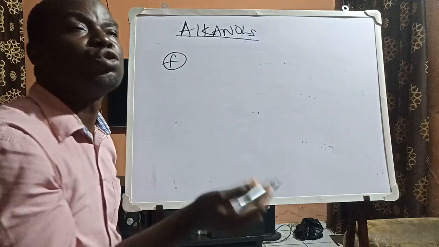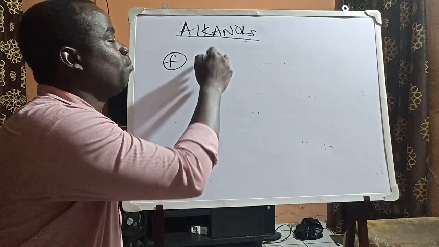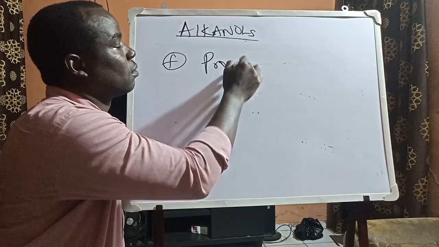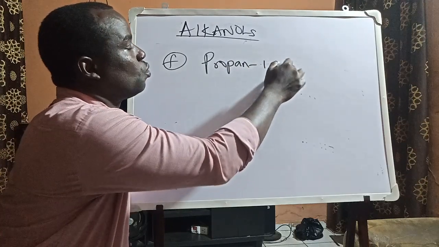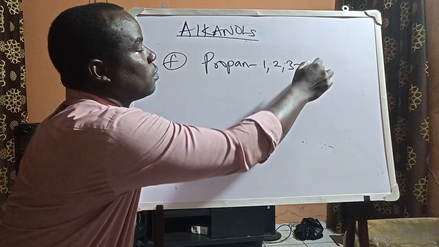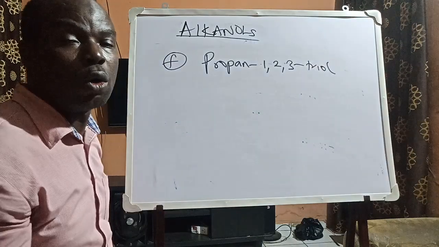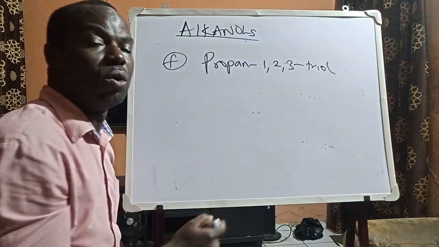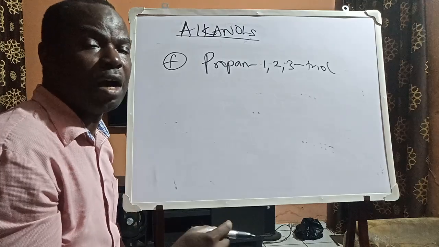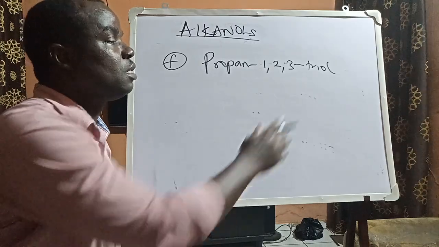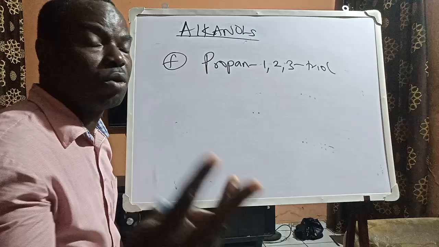Now let's quickly draw the structure of propan-1,2,3-triol. Propan-1,2,3-triol. Okay. Now, this triol now means I have 3 of the OH.